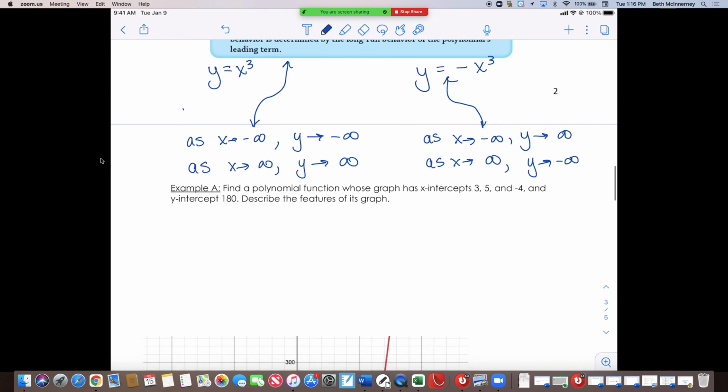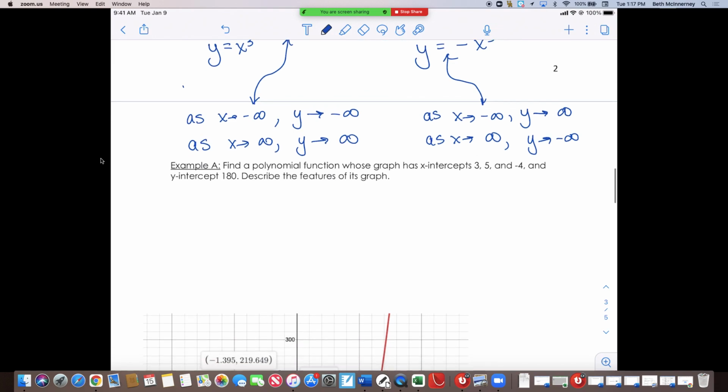All right, let's try this next example, then we're going to pause there because I think our brains are getting pretty full at this point. So in example A, we're actually going to do something we did in 6.2. It says, find a polynomial function whose graph has x-intercepts at 3, 5, and negative 4, and has a y-intercept of 180. So I'm going to pause a moment and give you about 2 minutes.